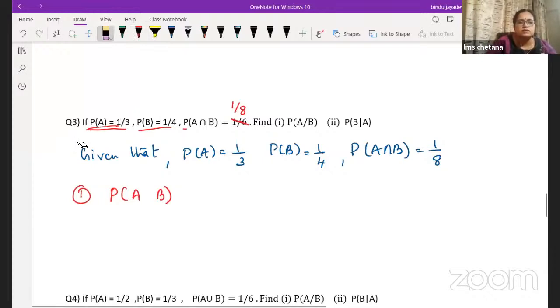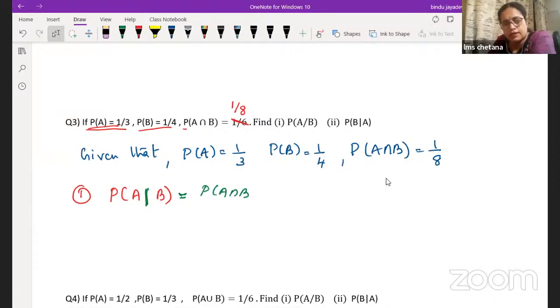P of A given B. So what's the formula? P of A intersection B divided by P of B. I think all have already done it. P of A intersection B, 1/8, divided by P of B, 1/4.